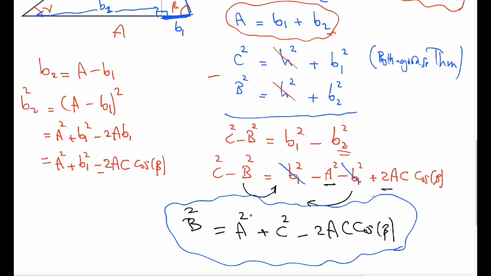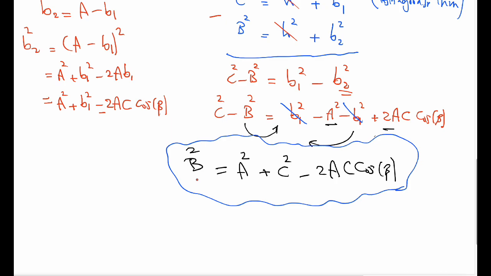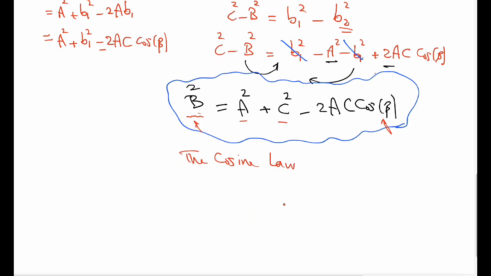So it's very clear that with this formula we can find the side of the triangle, knowing the other two sides and the angle opposite to the side B. This formula is called the cosine law.